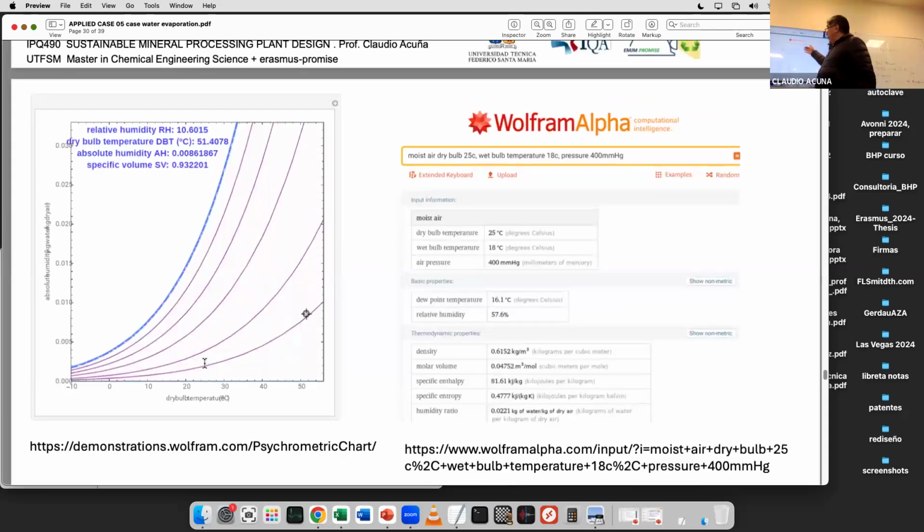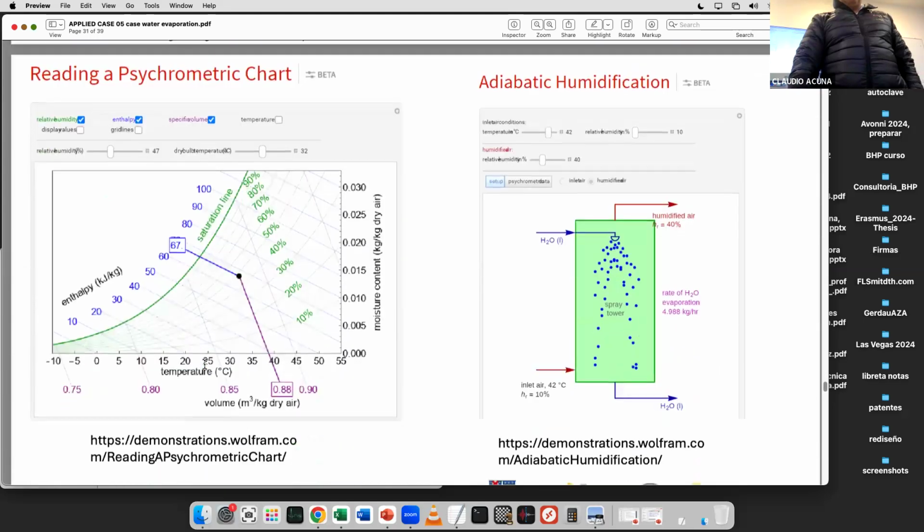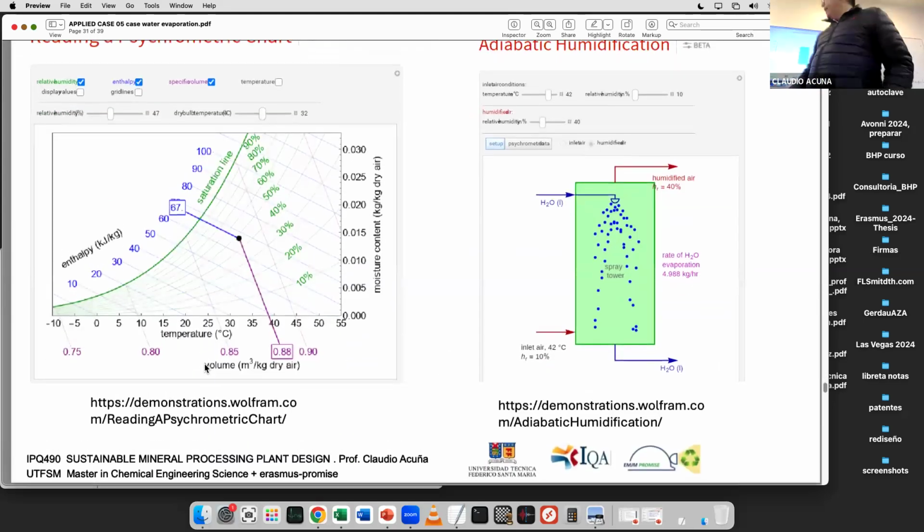Again, more examples, how to play with that. This is online, you can play here. You can download an application for the psychrometric chart. Just to see, this is the humidity line, just to understand what part of the curve.